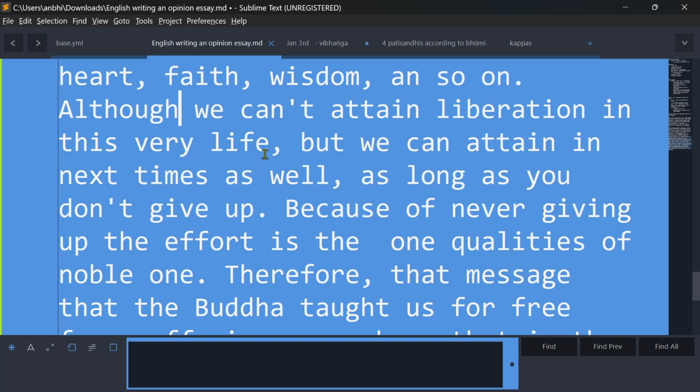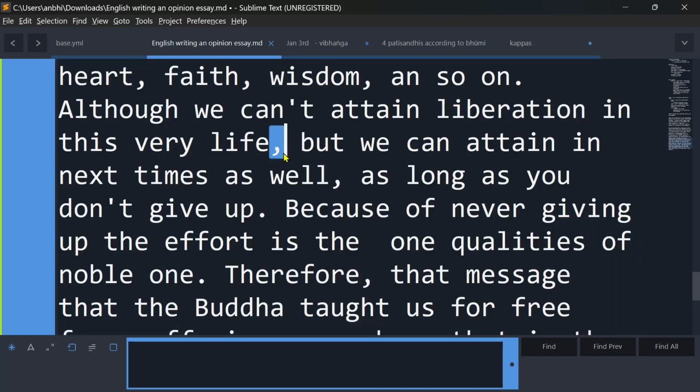"Although we can't attain liberation in this very life," okay, let's take this as true. The sentence is properly made. I just feel like the meaning is not true. But the sentence is properly made so far, and there is a comma, which is correct. The "but" is not right. "But" is also a conjunction, and it also shows a contrast. You already have "although." I see maybe several of you doing this, no?